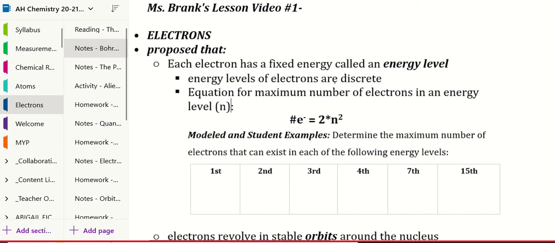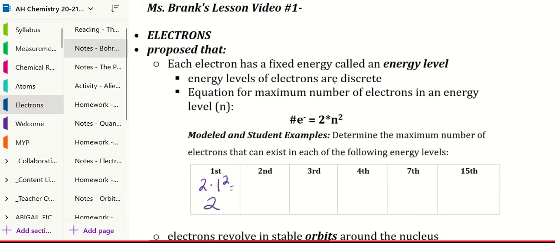What's the maximum number of electrons that can exist in that energy level? If I take this equation, 2 times the energy level squared, and the first energy level is 1, then 2 times 1 squared gives us 2.